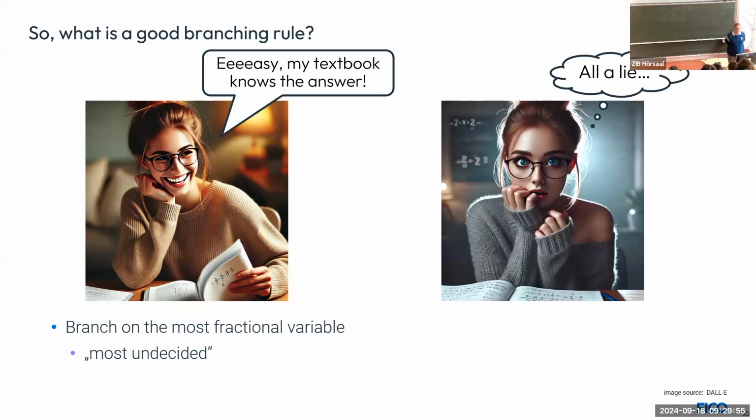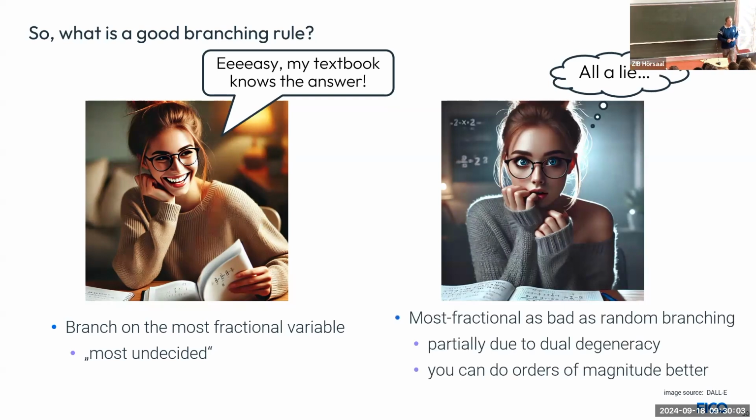Well, no. Of course, for theory, that's perfectly fine, and it's the easiest thing to explain in a book, but it's terrible in practice. It's as bad as just branching at random, and that's not very good, as you might imagine. There's a couple of reasons for that. Mostly it's about degeneracy, and you really can do, on average, not only in some specific cases, orders of magnitude better than this.